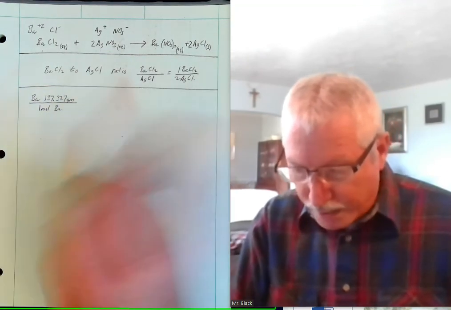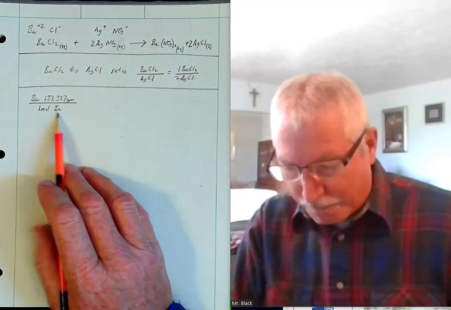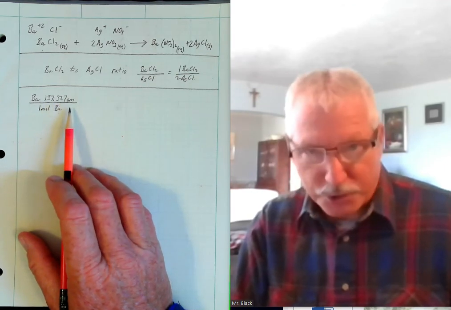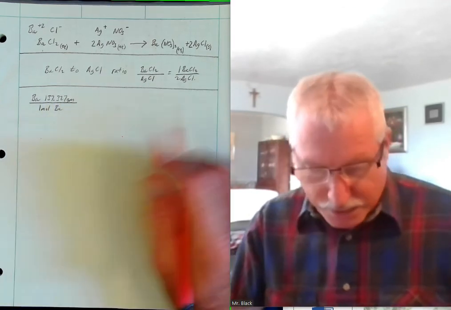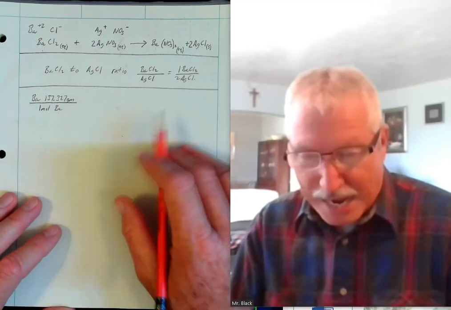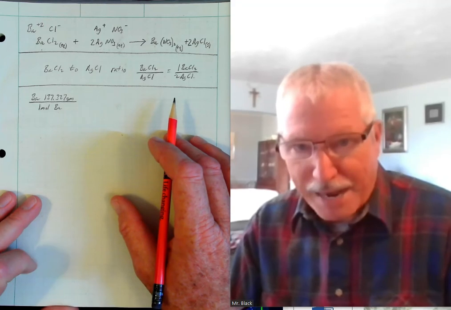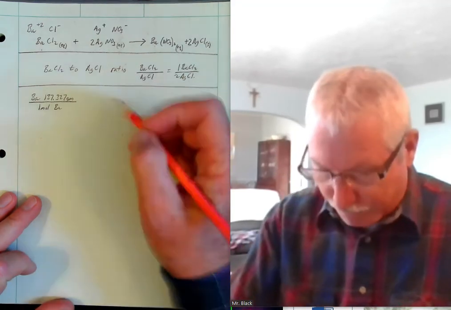All right, so 1 mole of barium has a mass of 137.327 grams. Okay, so I can use this with all of the elements to create what we know as a molar mass, a molecular mass.